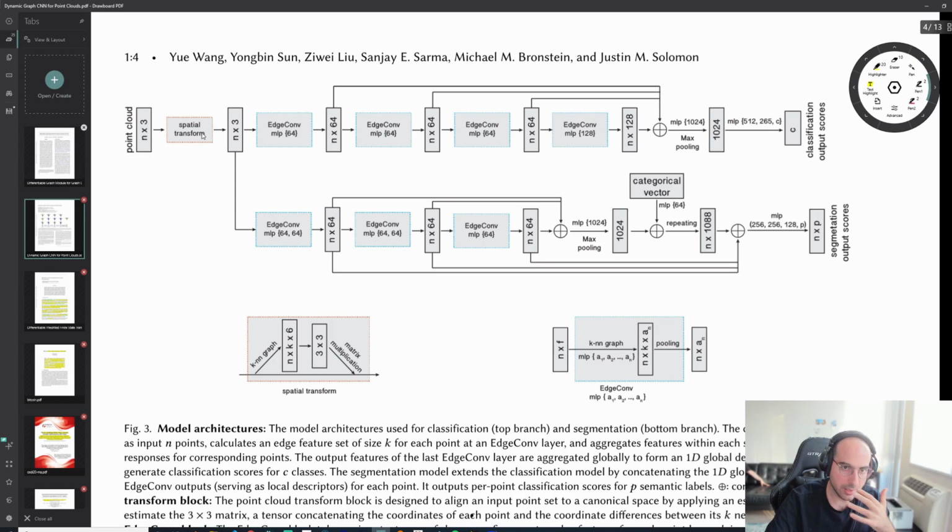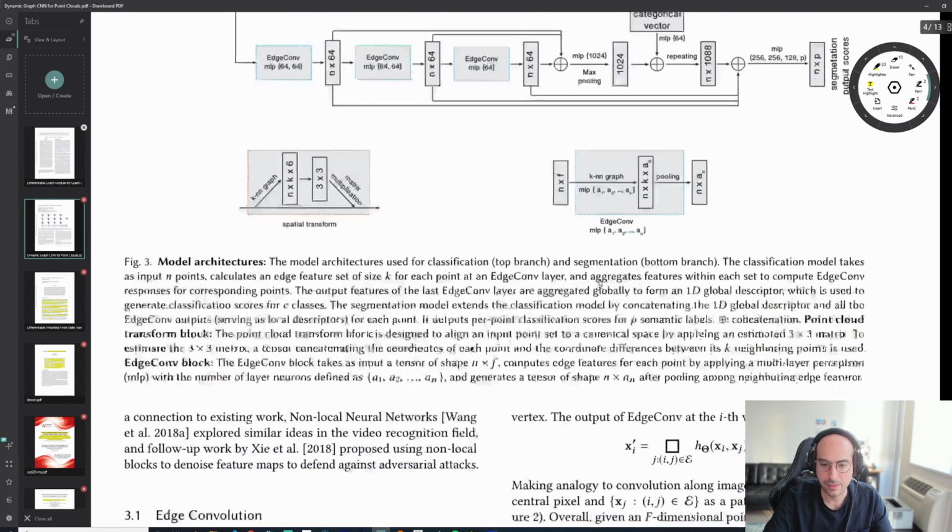If you look at this more closely, it starts off with the point cloud, which is 3, because we're working in 3D space. We then bump this up to a higher dimensional space, and eventually go all the way up to 1024 dimensional space, and then finally make a classification output which should be the same size as your output.